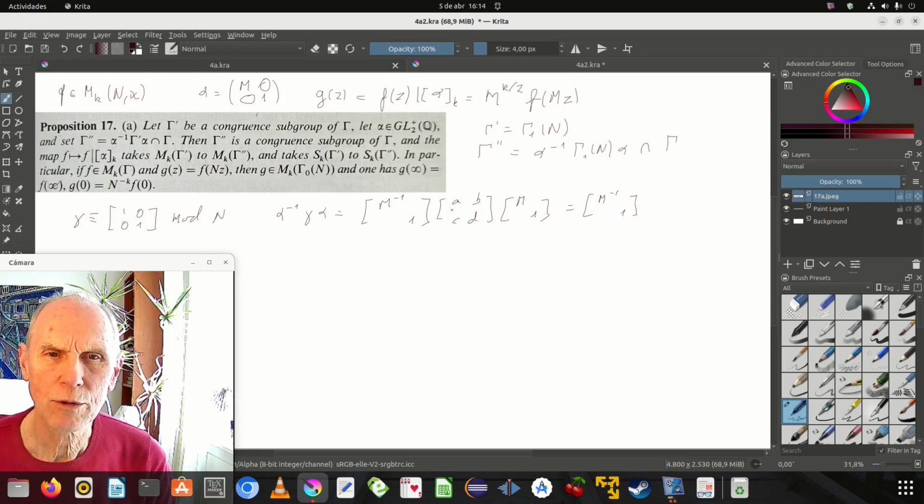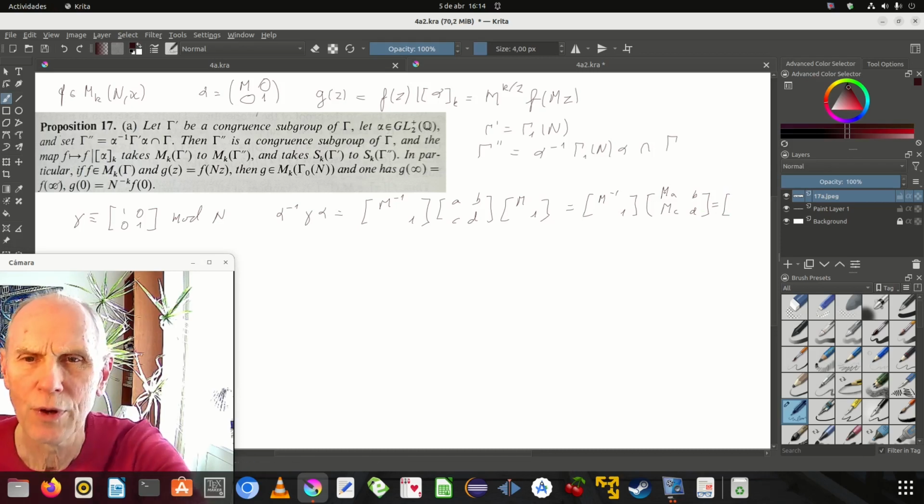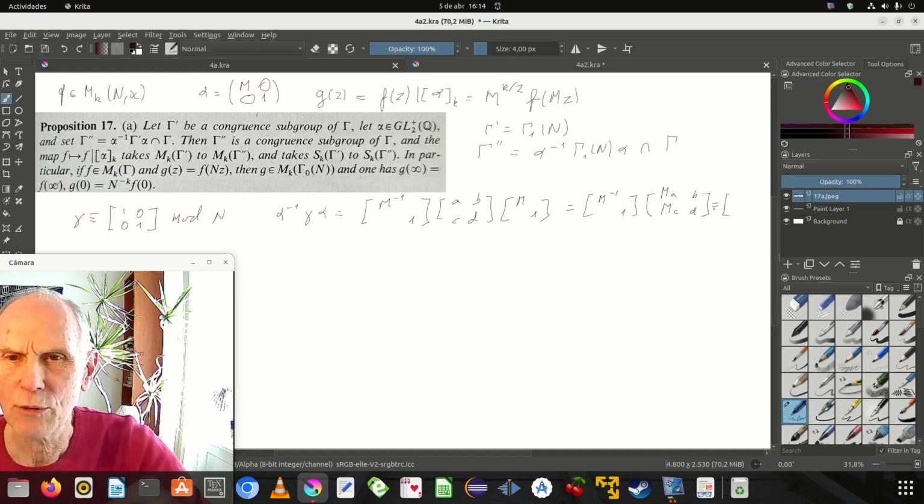So it works on the column, the first column, sorry. And the next one operates on the first row.